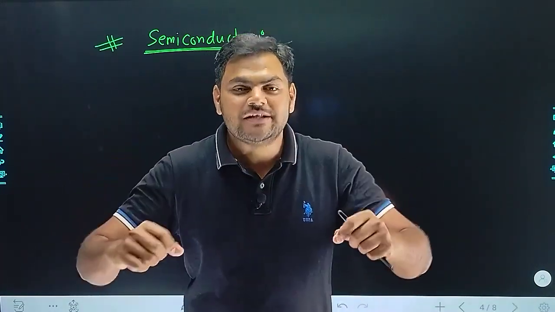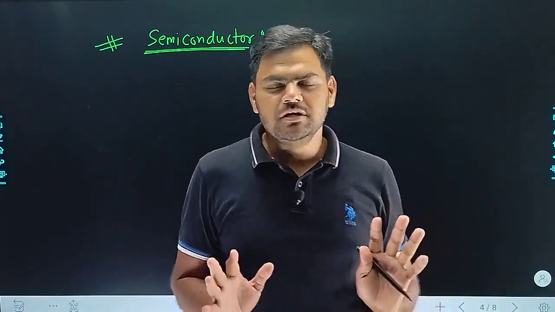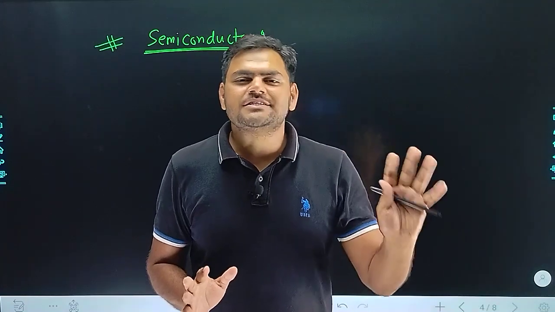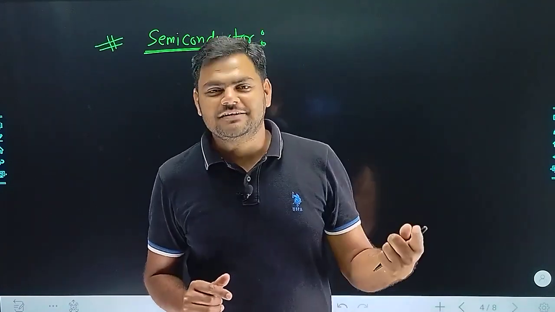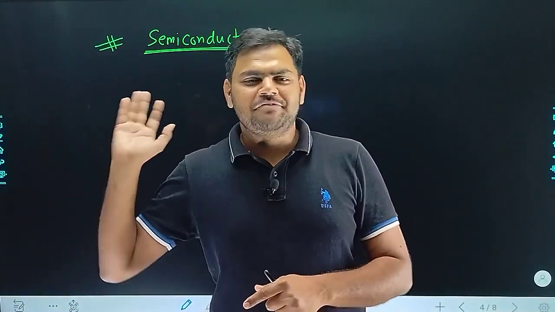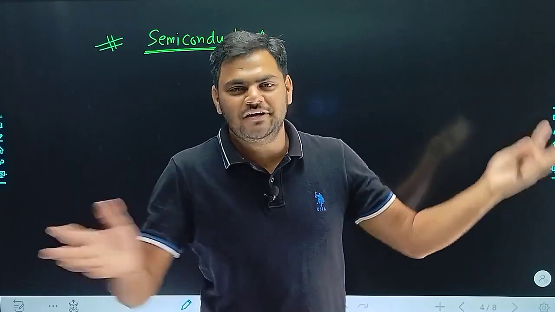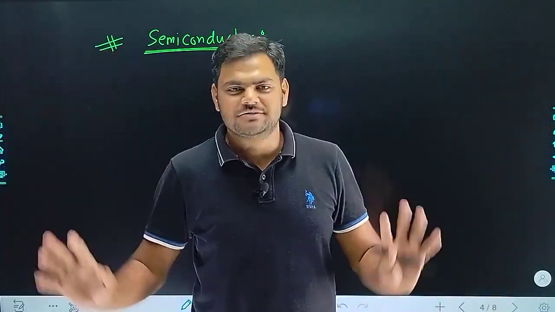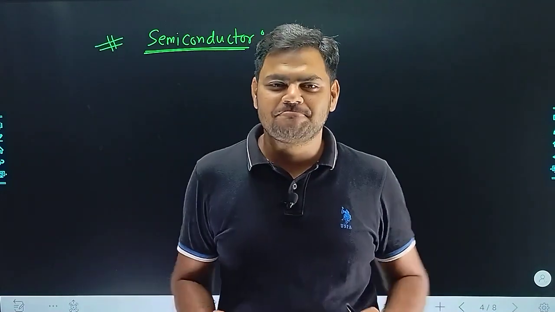Observe this. An insulator is something which never conducts current, which means it's useless for the purpose of conduction of current. When we say conductor, it has a very high current capability, so it can be utilized in wiring of houses and other things, because it has high current conduction capability and offers low resistance.